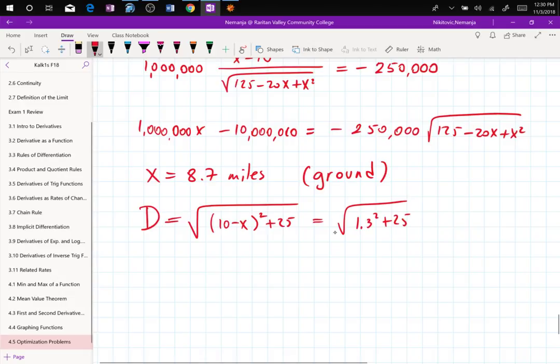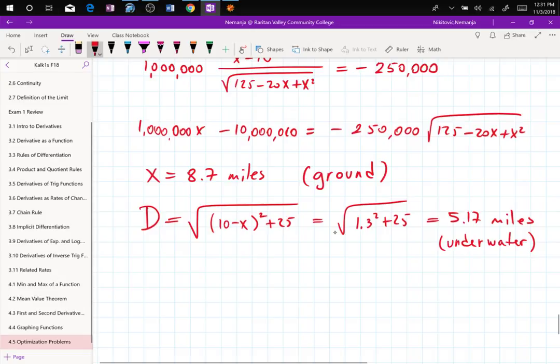So now we compute that. It's a square root of 1.3 squared plus 25, close parenthesis, equals 5.17 miles underwater, or under the sea.